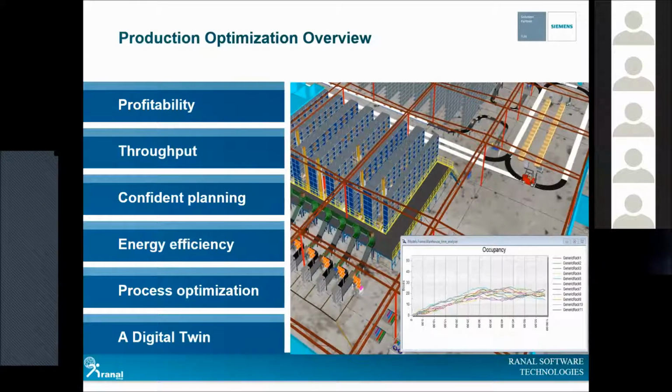Now, how can we profitably increase the throughput and have confident planning? Confident planning is about being able to deliver what we are committing within the timelines that you are looking at.